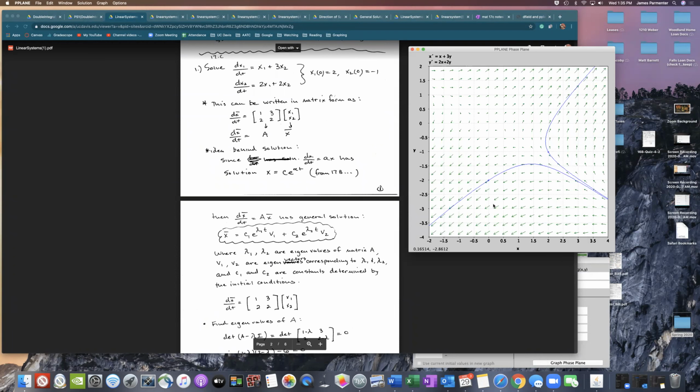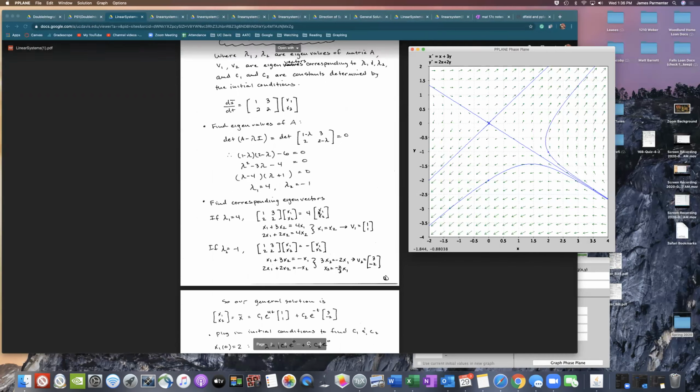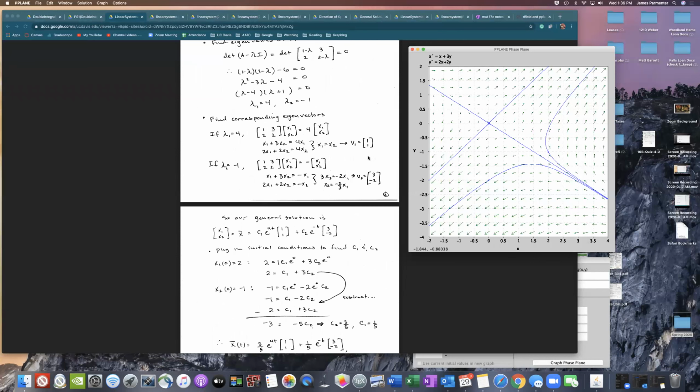It also shows us something interesting. If we look at 0, 0 for a second, 0, 0 is kind of funky. Not surprisingly, if you're going through 0, 0, you're on one of these paths that is the eigenvector. If I look back at my eigenvectors, one is 1, 1.